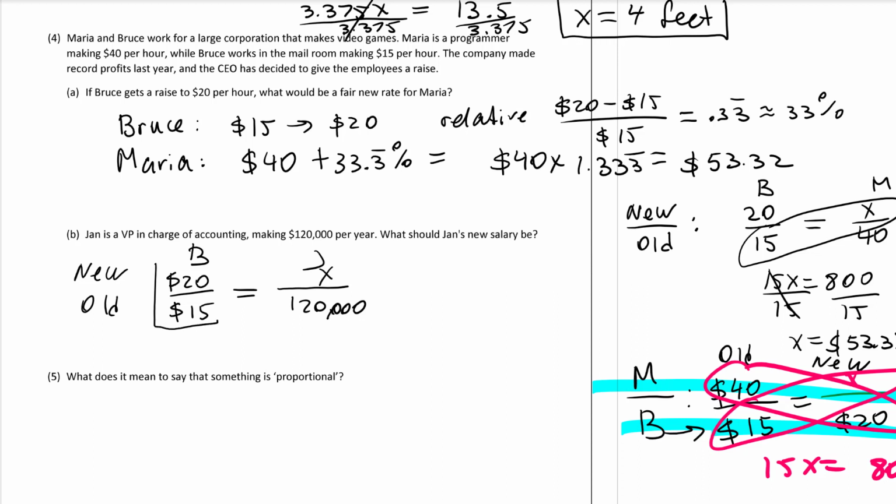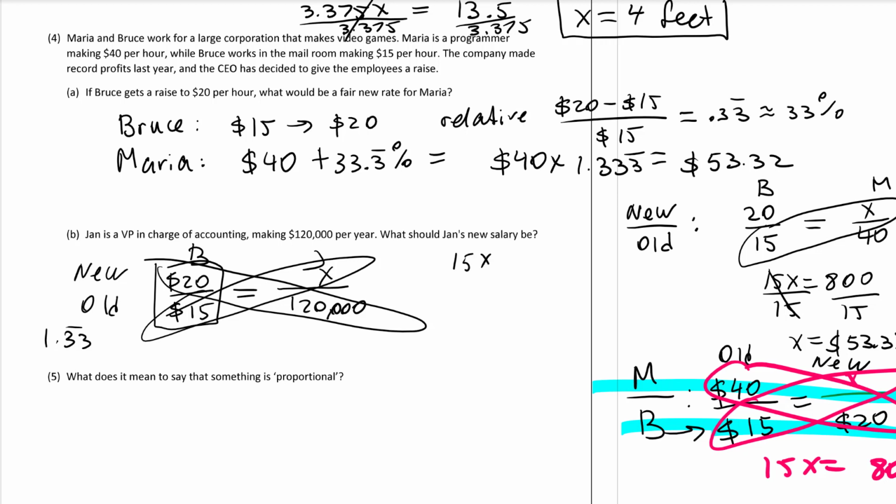Notice that 20 divided by 15 is 1.33. That does demonstrate the 33% increase in Bruce's salary. But again, for consistency, we leave it as a fraction. And then we can go ahead and cross multiply. So we got 15x equals 20 times 120,000. Large numbers, but that's okay. So 20 times 120. I use the calculator, even though I do not need to. 240.